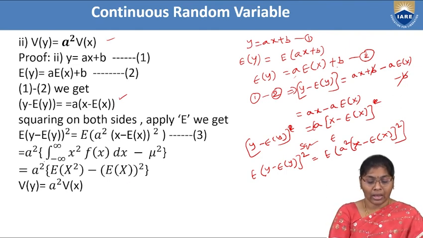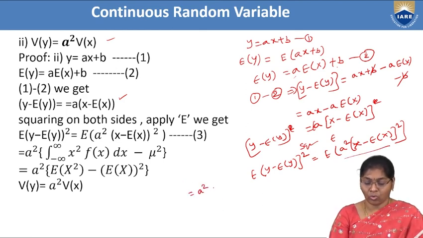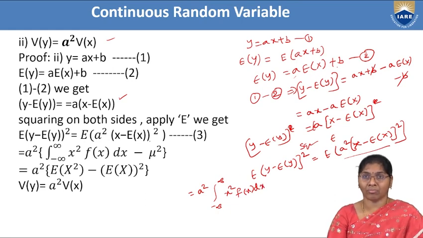Now I have completed this one. Considering only this side, that is a square into the integral from minus infinity to infinity of (x minus E of X) whole square, that is x square into f of x dx, and E of X whole square is nothing but mu square.